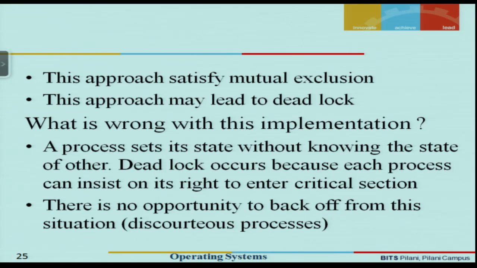They find that there is another process who has also marked true, and they are waiting for one of them to become false. So there is no backing off mechanism. Both are insisting that they want to go through and access the critical section. In a metaphorical sense, I call these processes discourteous processes.